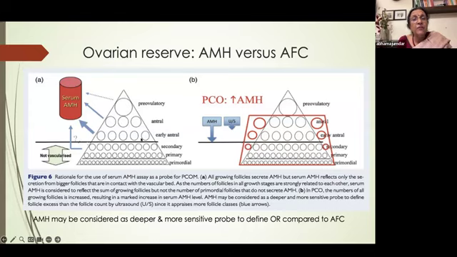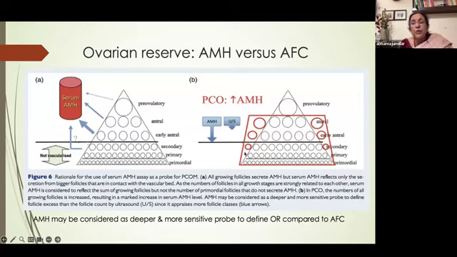But however, this is there always in a cycle. Even in the mid-cycle, antral follicles would be there, which would secrete AMH. In ultrasound, what happens is you can only see once the antrum is formed, whether the antrum is 2 millimeter or it is 9 millimeter. Whereas those which are primary, secondary follicles, which are making AMH, you see there is some AMH coming from this secondary follicle also.